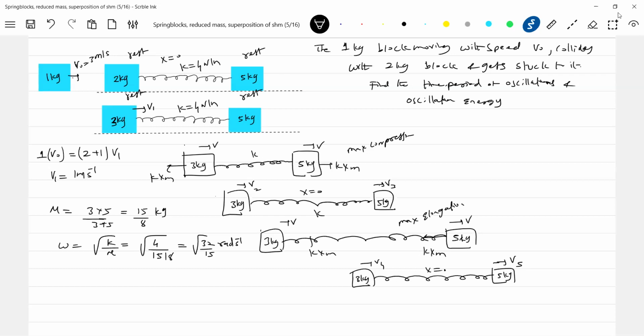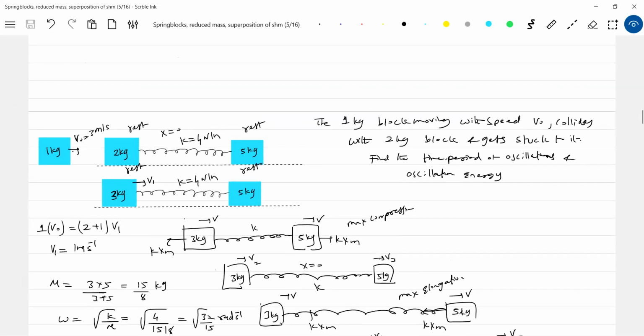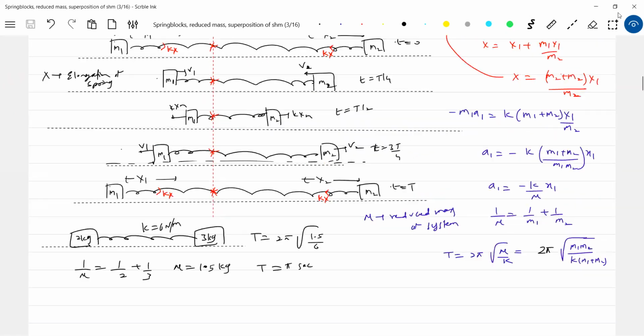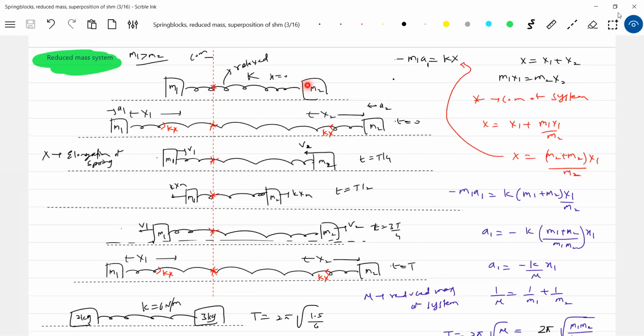Now I'll ask you, what is the amplitude of oscillation? Who will answer? What is the amplitude of oscillation? That XM is what amplitude of oscillation? Now, what is the difference between this problem and this problem? Here, they're executing SHM about the center of mass, which is at rest.